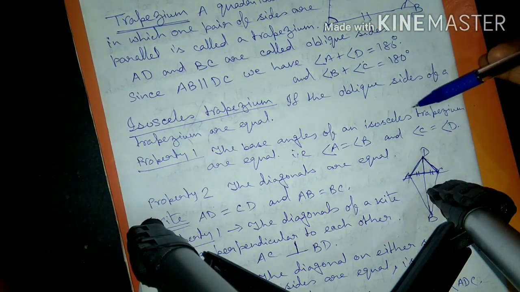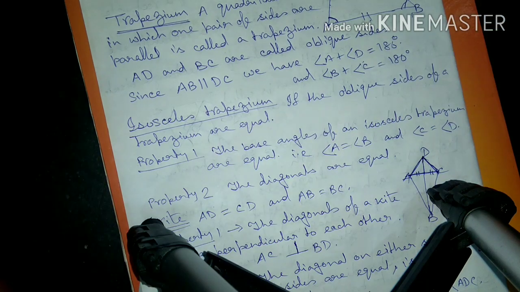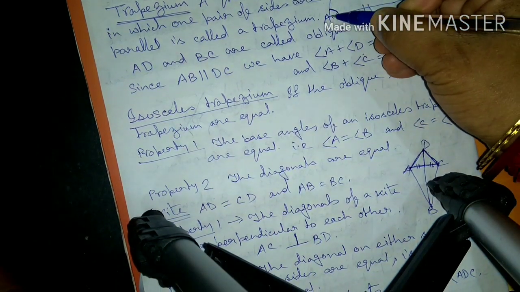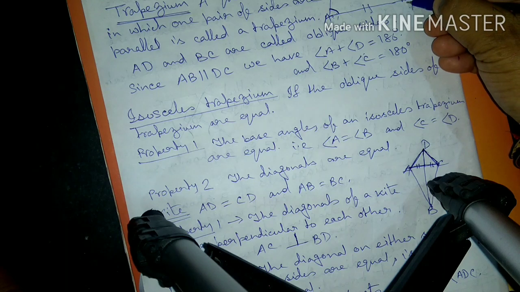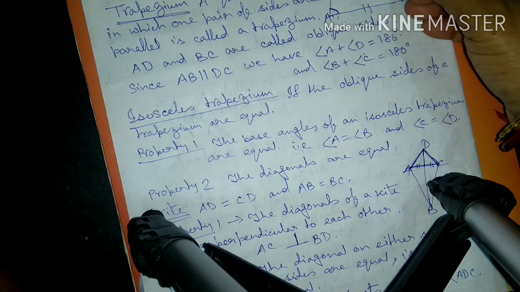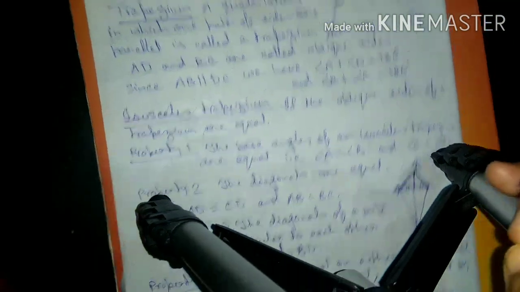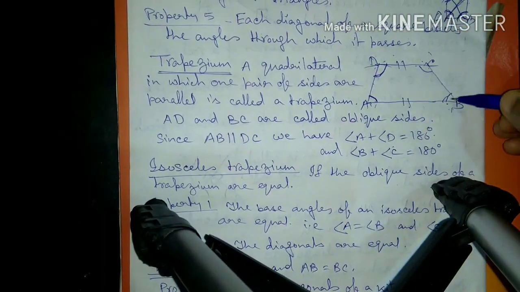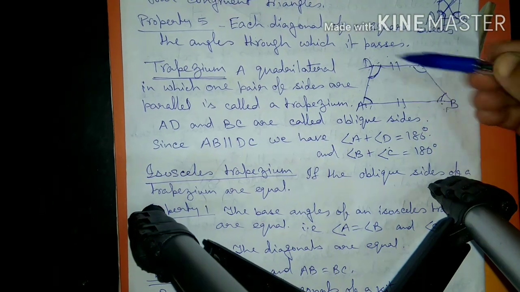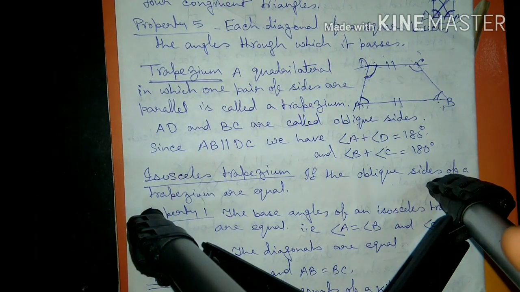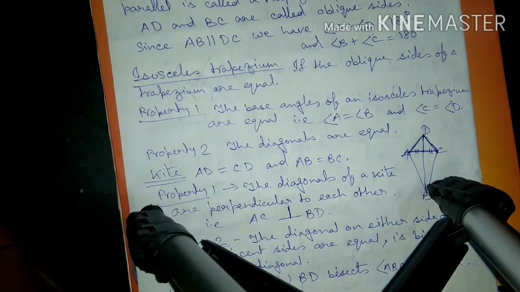The base angles of an isosceles trapezium are equal. Which are the base angles? Like angle A equals angle B, angle D equals angle C. Okay, these are the base angles. So base angles are equal.